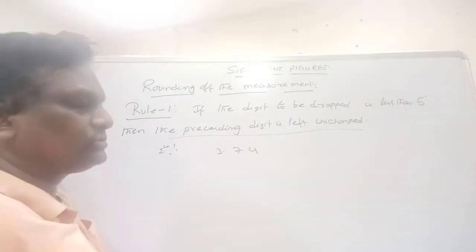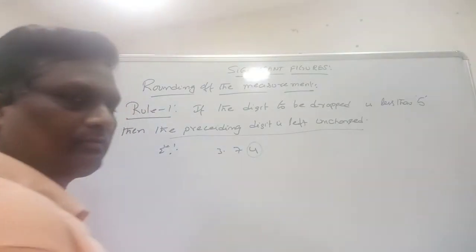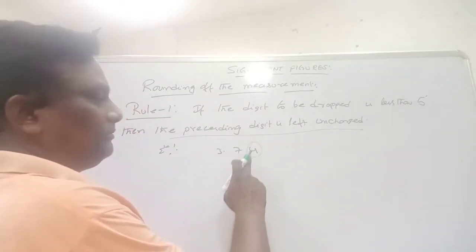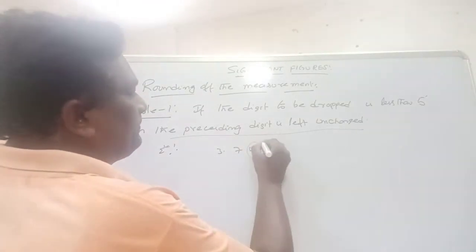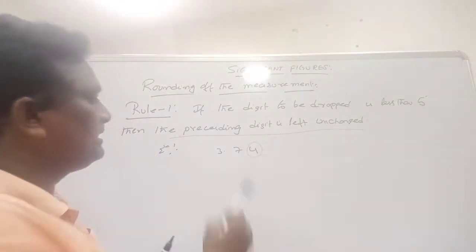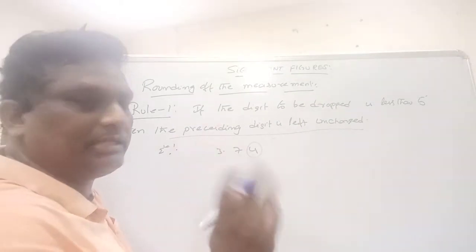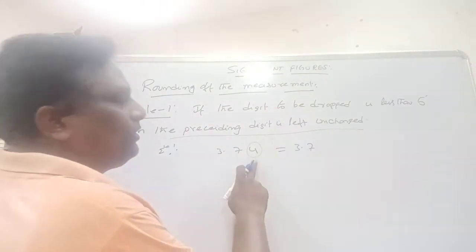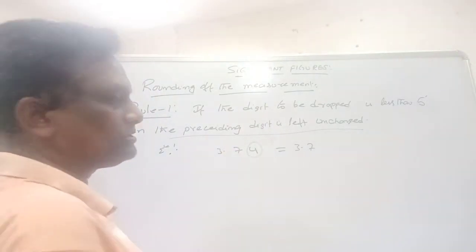Suppose you want to drop this 4. 4 is less than 5, so the preceding digit, 7, is left unchanged, meaning don't change it. So the answer is 3.7.